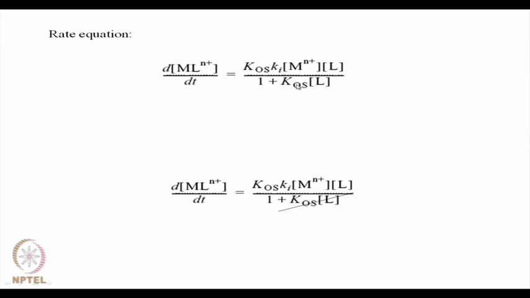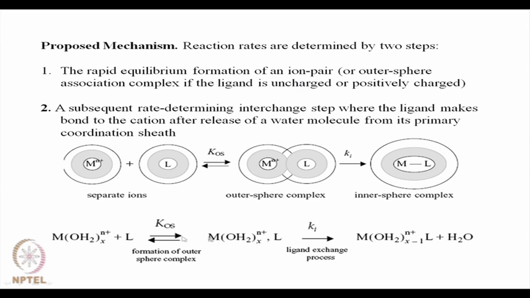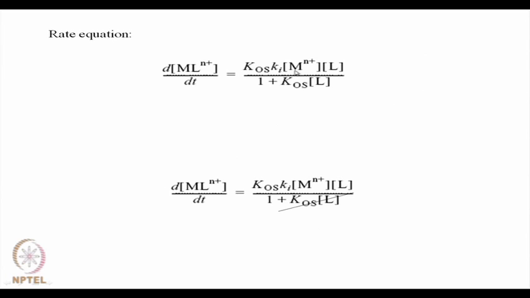constant. Okay, just look into this, divided by 1 plus K_OS[L]. But when the concentration of ligand is less, and generally K_OS is small, that is the equilibrium constant is a small value, then you can neglect it. So, your expression becomes K_OS K_i into this.